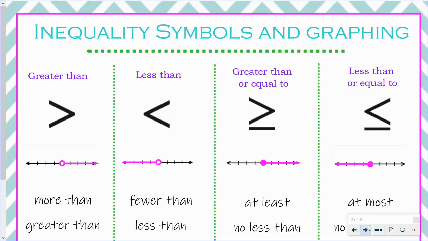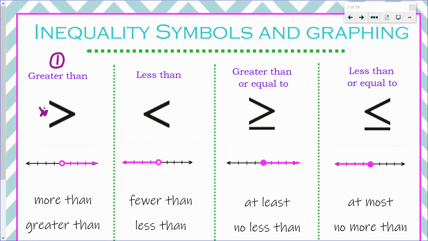Okay, so first I want to take a minute and look at the inequality symbols. You've obviously seen these before, so I just wanted to go over each one. First, we have greater than. Greater than, the opening comes first.